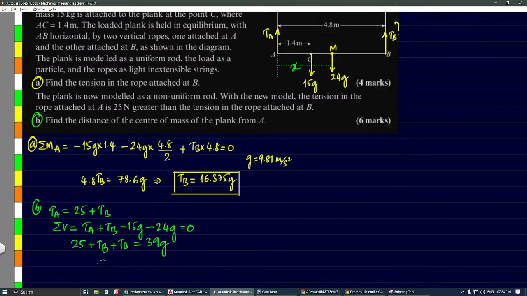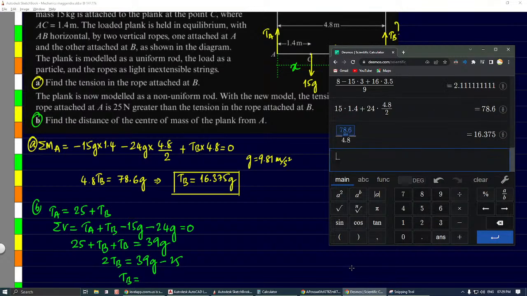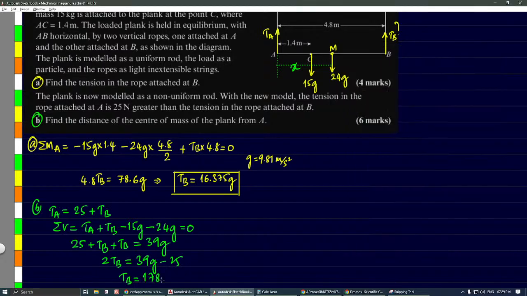Yes. So now 2TB equals 39g minus 25. So TB value we can find now. So 39 into 9.81 minus 25, divided by 2. 178.79 or 178.80 newtons.